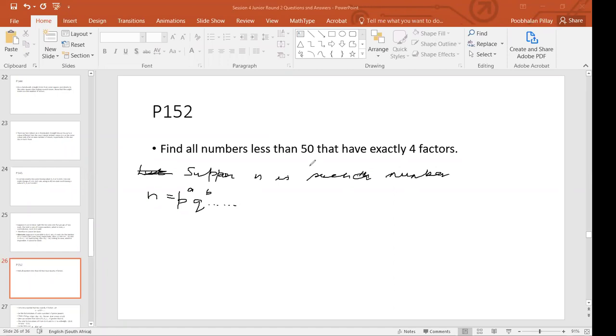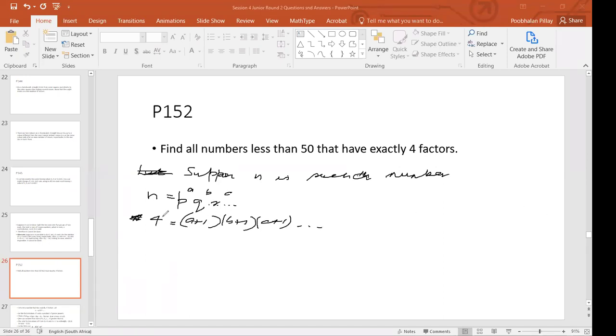And then to find the number of factors of n, we know that n has exactly 4 factors. So the number of factors of n, you can put 4 straight away, is equal to a plus 1 multiplied by b plus 1 multiplied by maybe c plus 1, and so on.